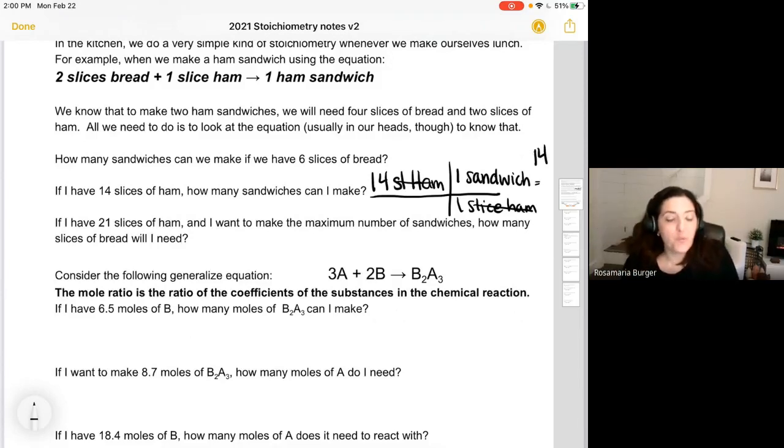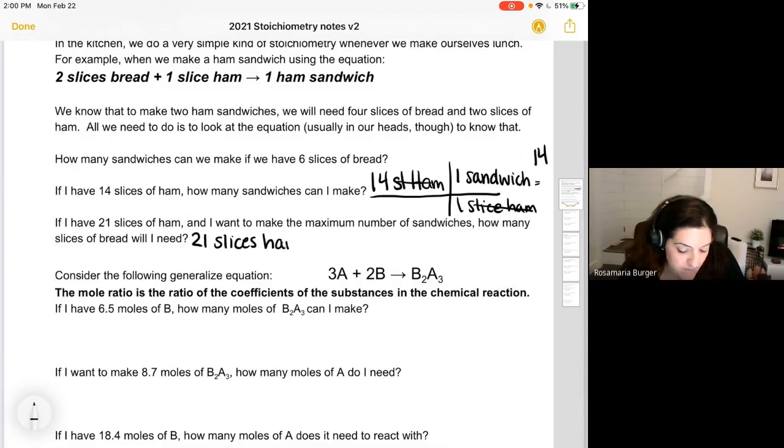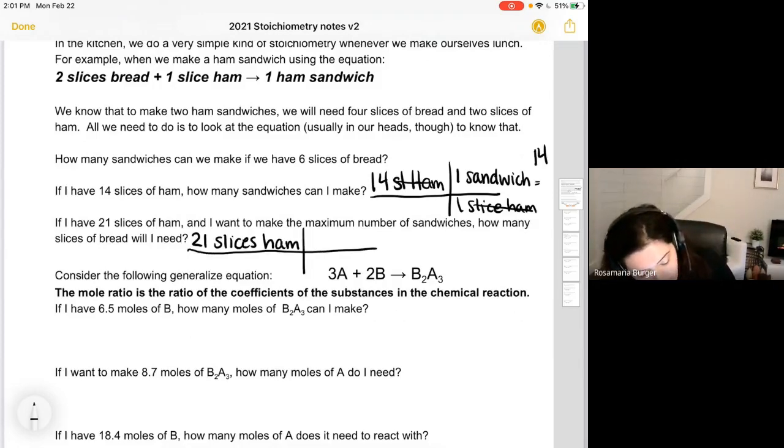If I have 21 slices of ham, so I'm going to write what I'm given, 21 slices of ham, and I want to make the maximum number of sandwiches, how many slices of bread will I need? Well, I know that for every 1 slice of ham, I need 2 slices of bread.